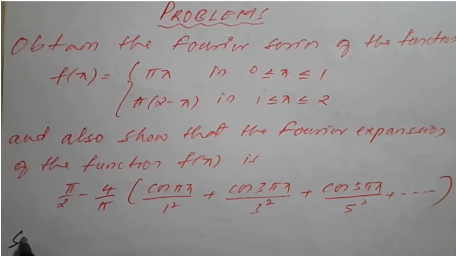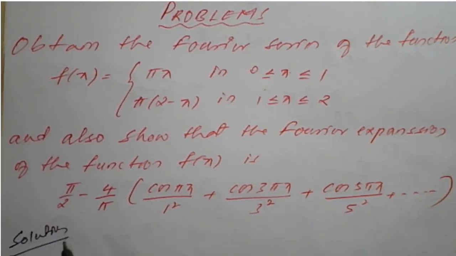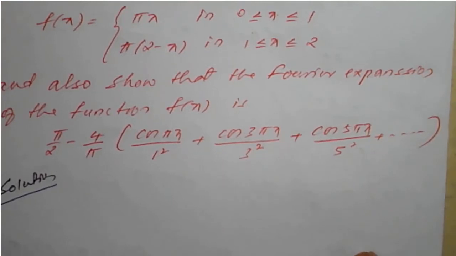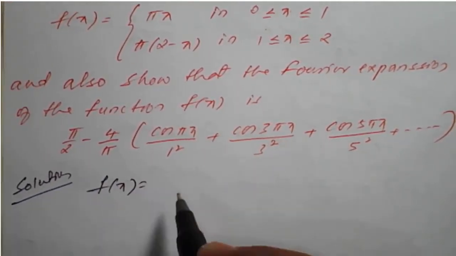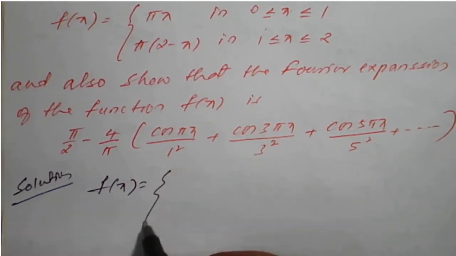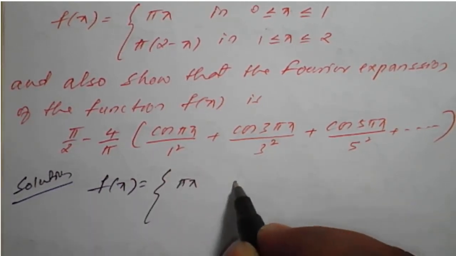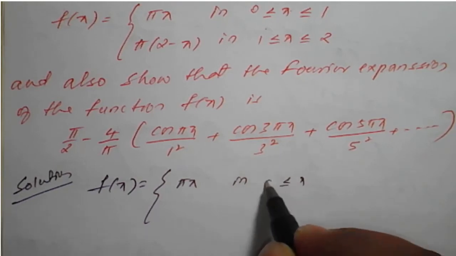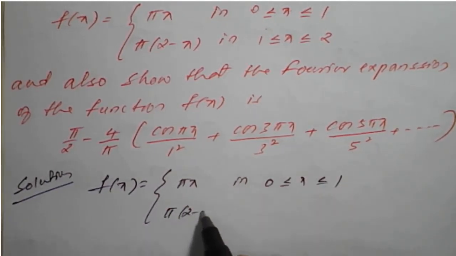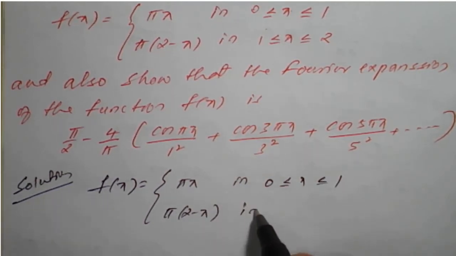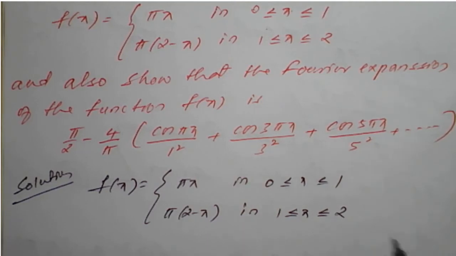Solution. So the given function we'll note down first. f of x is equal to pi x in x greater than or equal to 0 less than 1 and pi into 2 minus x in x greater than or equal to 1 less than or equal to 2.